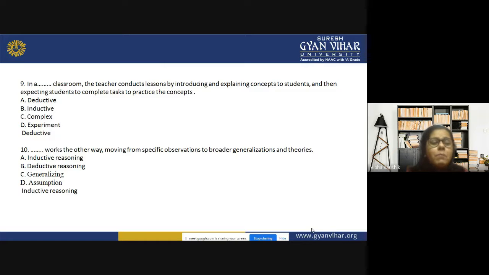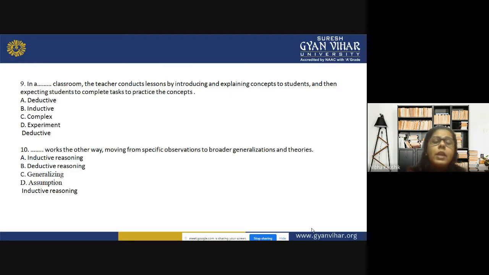Option A means in a deductive classroom, when a teacher is teaching the students with the deductive approach or the deductive method of teaching, the teacher conducts the lesson by introducing it and explaining the particular concept to the students, and then expects students to complete tasks to practice the concept.